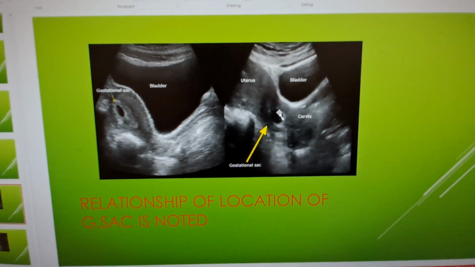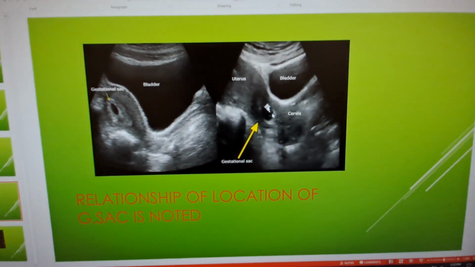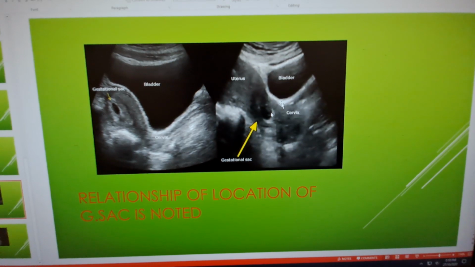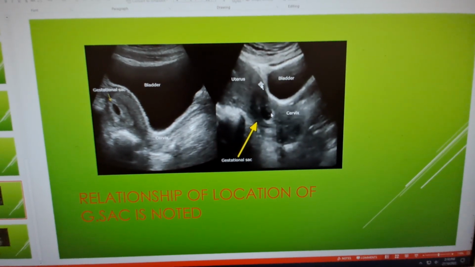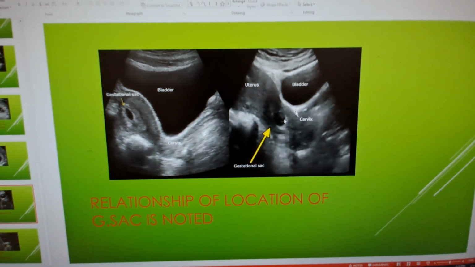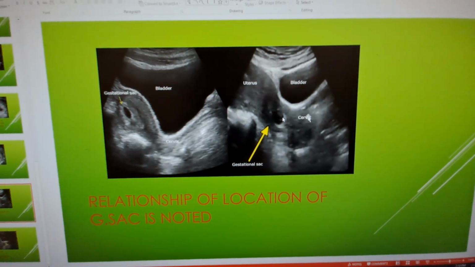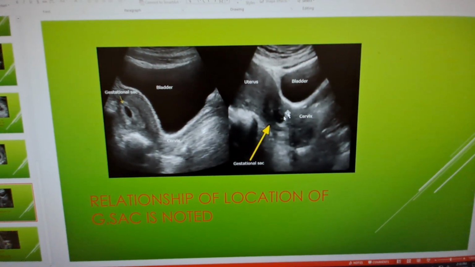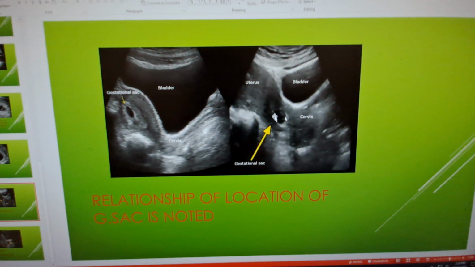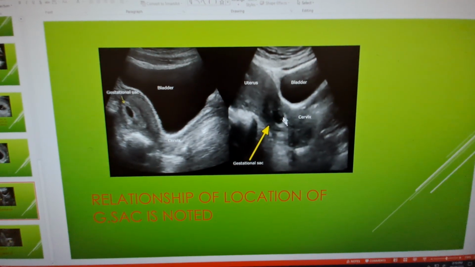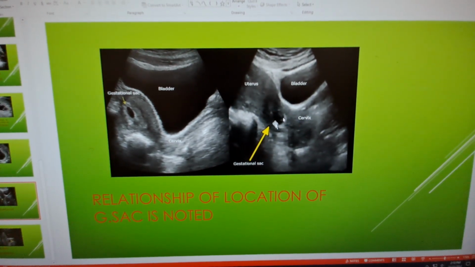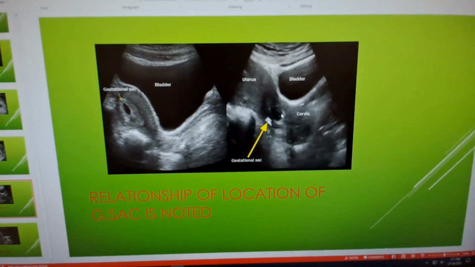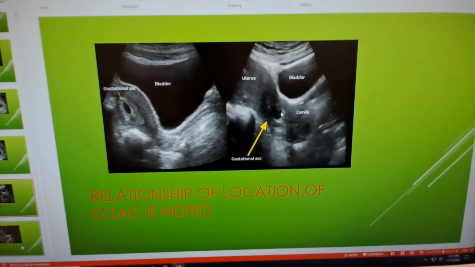This is a very harmful pregnancy if the female has had previous cesarean scars, D&C or other procedures. This is very dangerous, and it is a cervical pregnancy or an ectopic pregnancy.